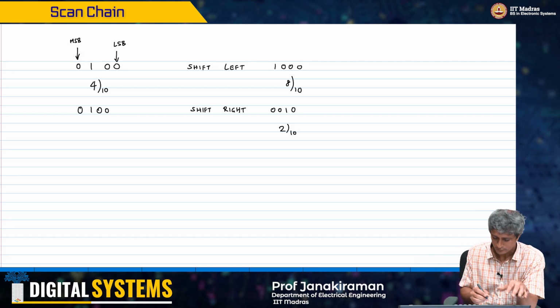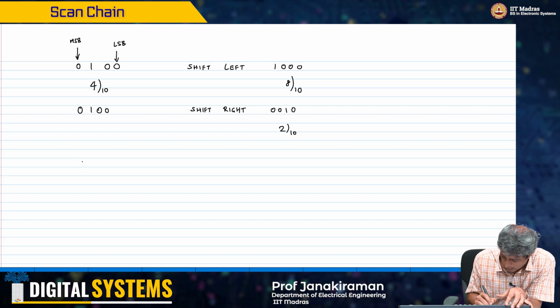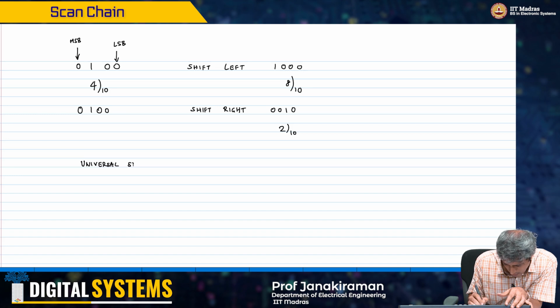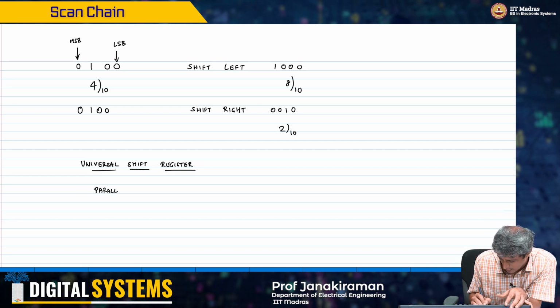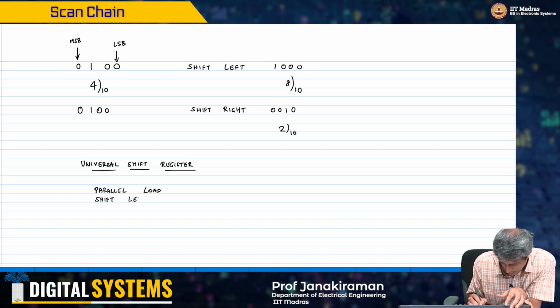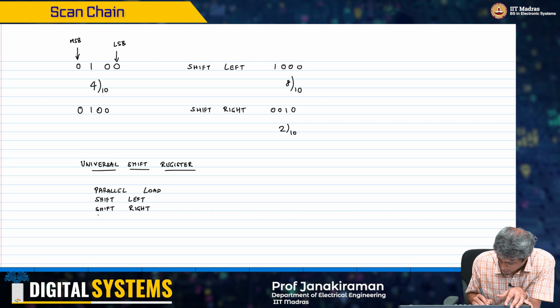So if I look at a universal shift register, I want 4 operations: parallel load, shift left, shift right, and no change.